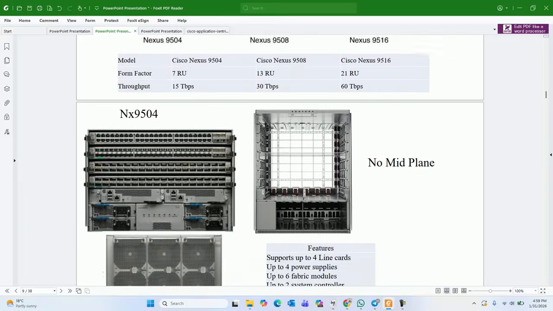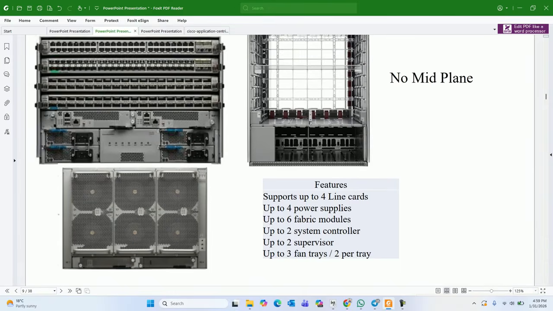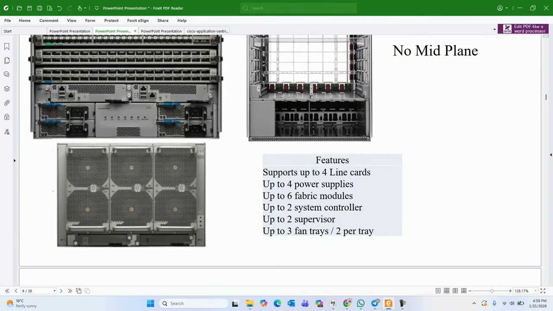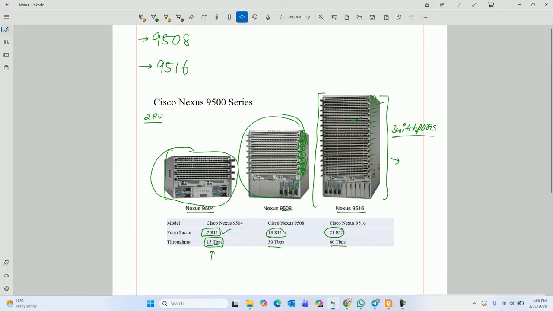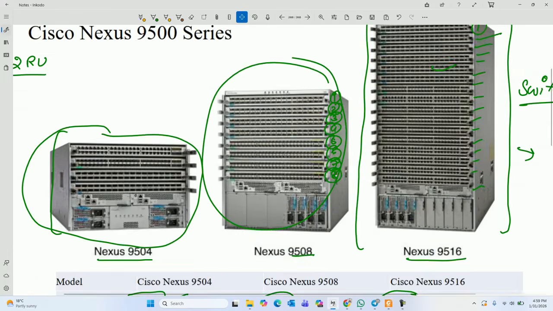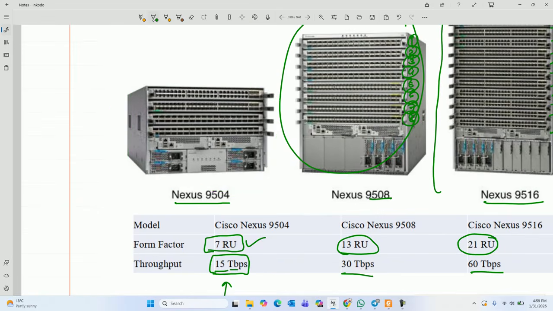Then this is how it is made. In this we have support for up to 4 line cards. We don't call them switches. Like I said, the components or devices that have those interfaces or ports are known as line cards in a chassis, because this one is not useful if it is not part of the chassis.